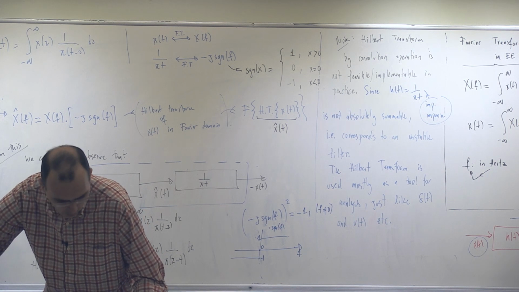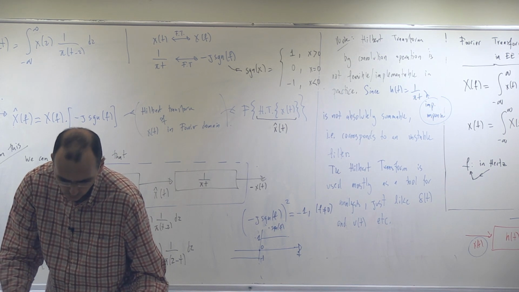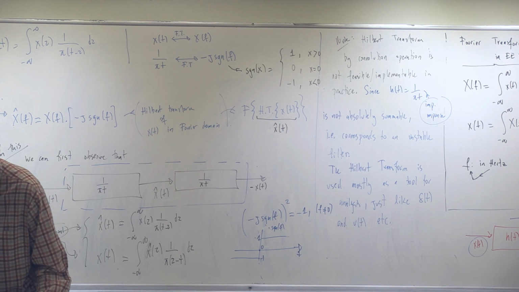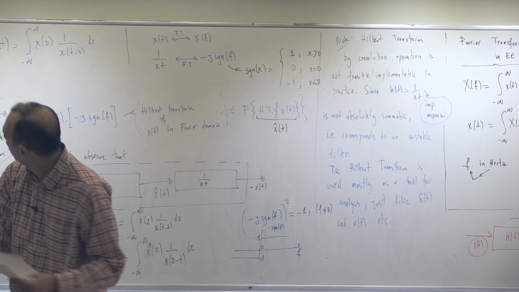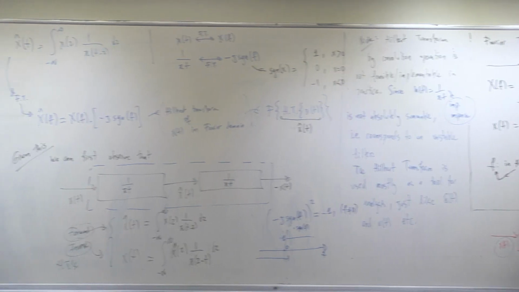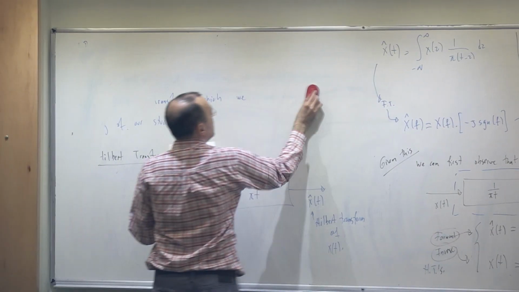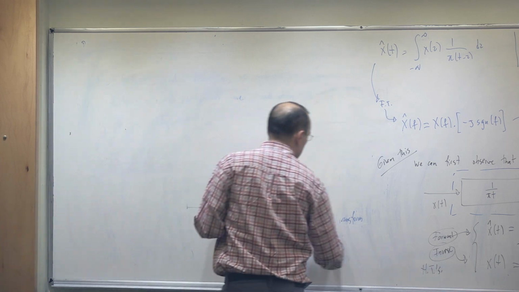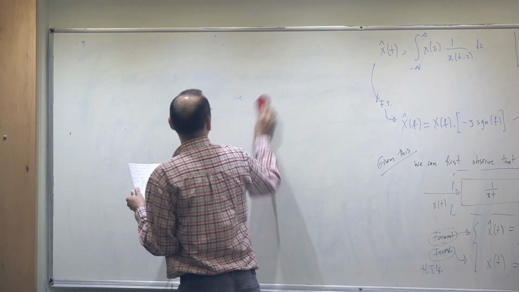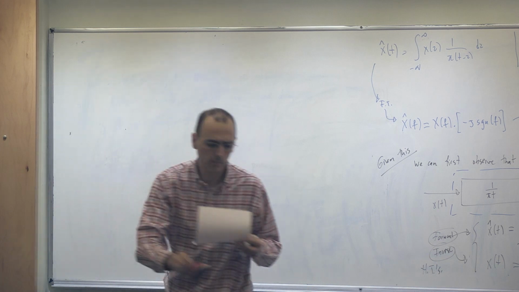Now, let me find my notes. Let me have an example on this. Perhaps you would like this example because it will tell us something about the operation of this Hilbert transform.